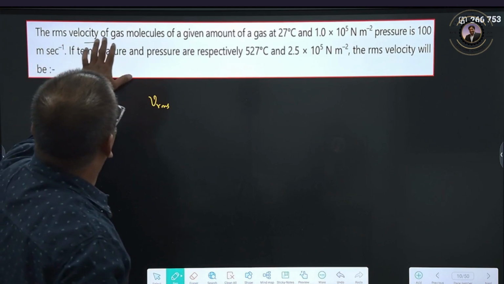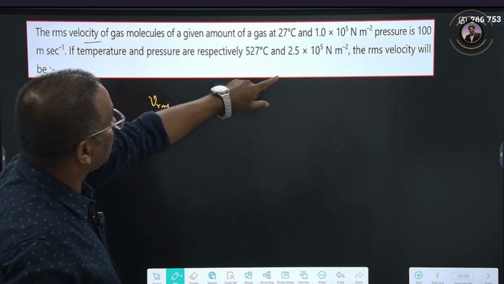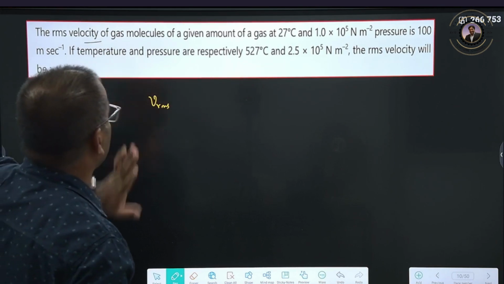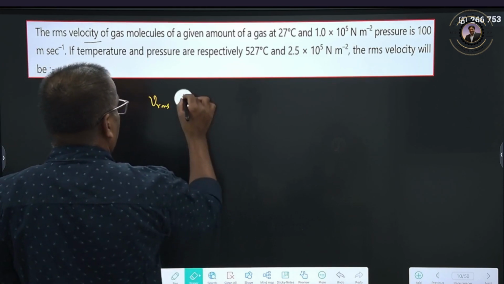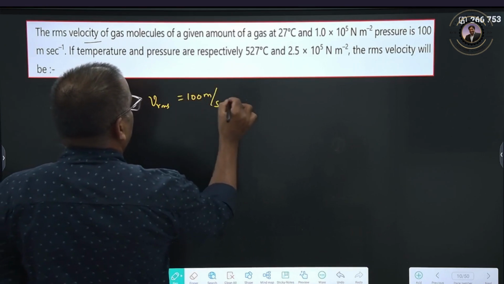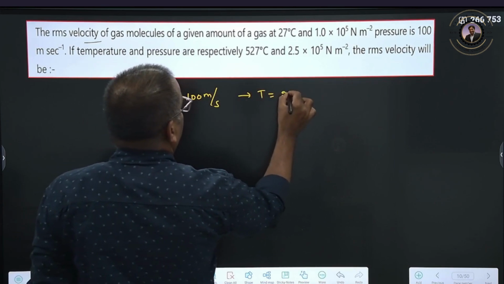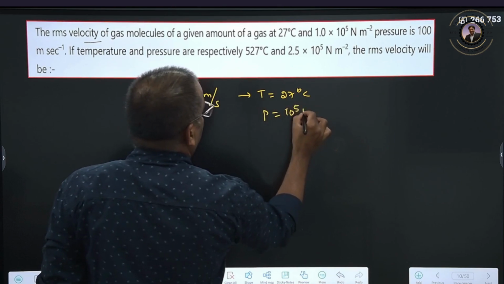The RMS velocity of the gas molecule at this pressure is given as 100 meters per second. The temperature is 27 degrees centigrade, and the pressure is 10 to the power of 5 Pascal.